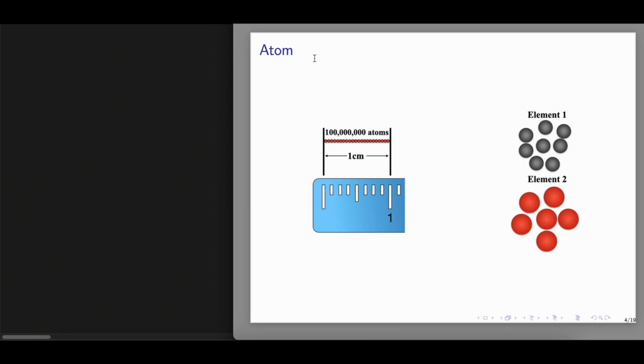So we start with the atom. The atom is the smallest particle of an element.